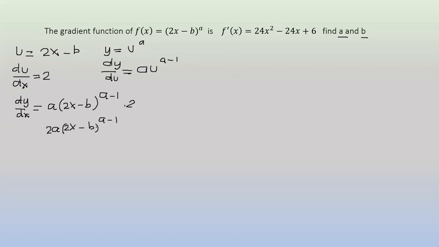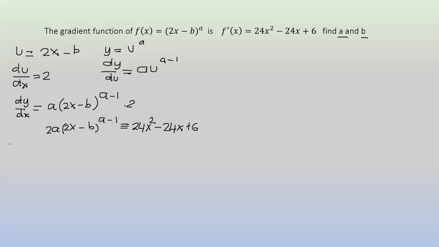Okay, recall that this is the first derivative, and the first derivative is also 24x squared minus 24x plus 6. So this term is identical to 24x squared minus 24x plus 6.